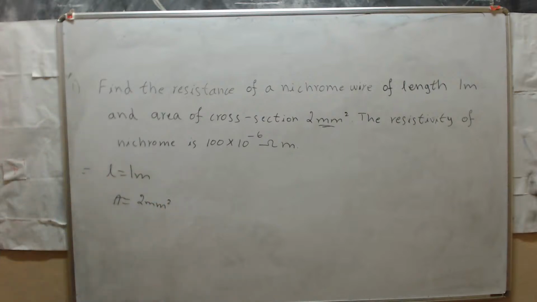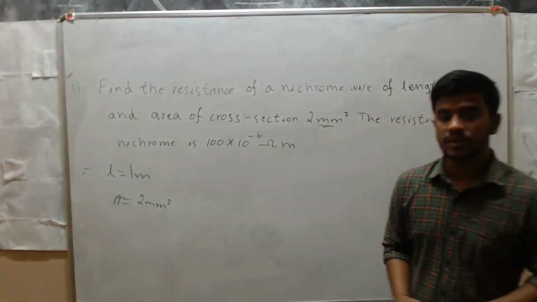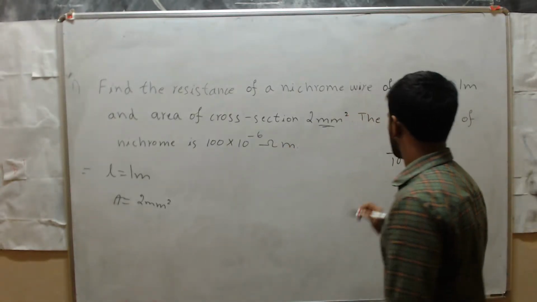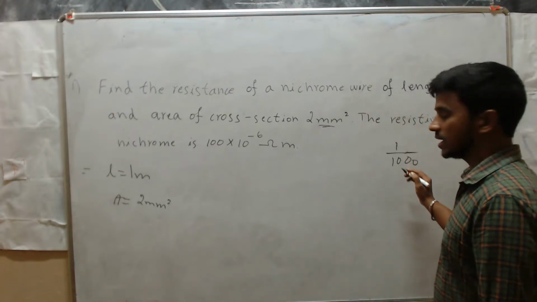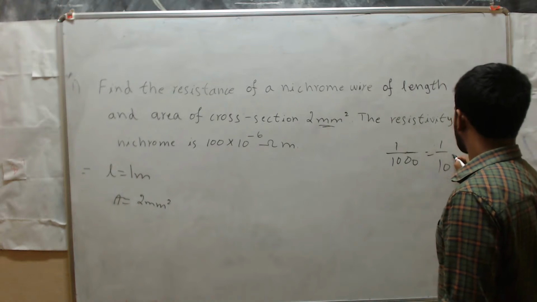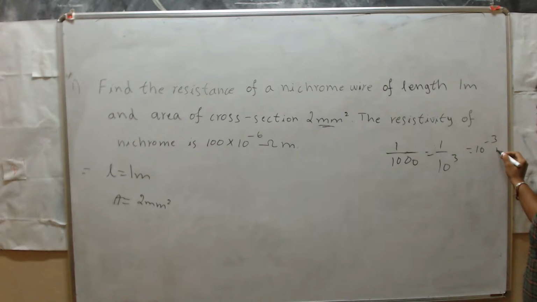Yes. Now convert millimeter square into meter square. How to convert? Milli means 1 by 1000, right? Milli is equal to 1 by 1000, or we can write this as 1 by 10 to the power 3, or 10 raised to the power minus 3 meter.